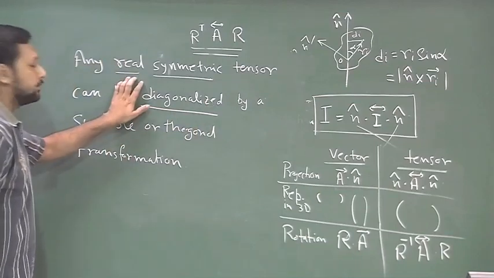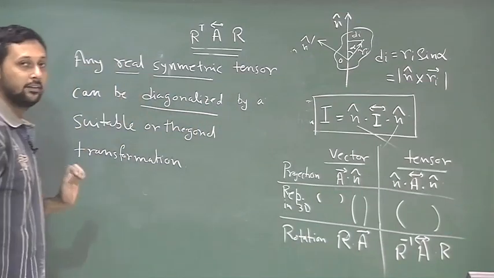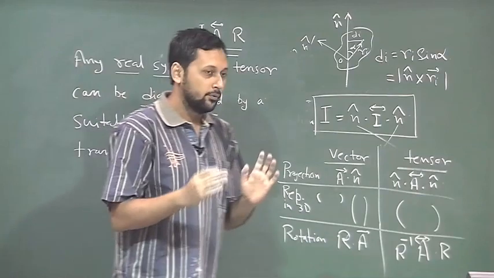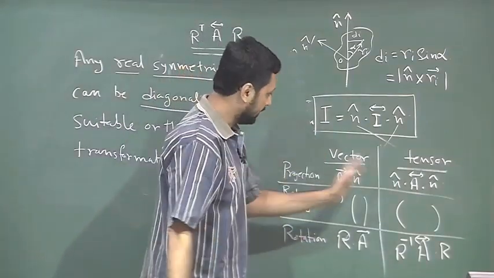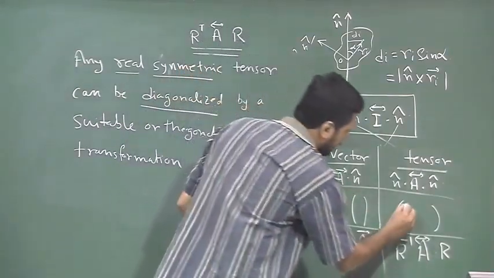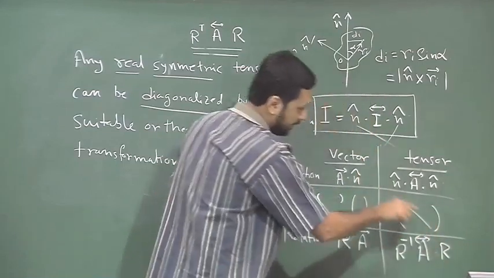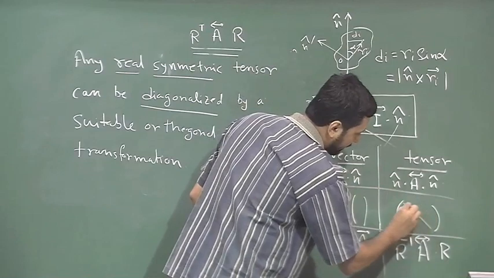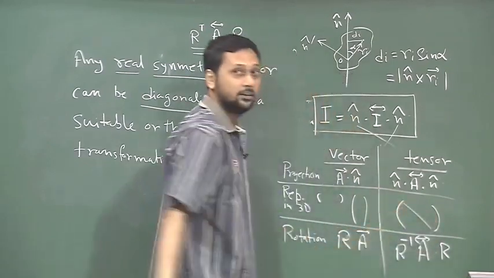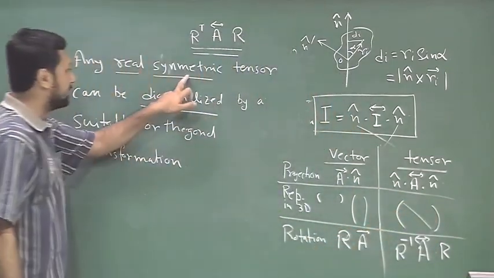Now, let us look at the first word. What is a real symmetric tensor? In the matrix representation, if I draw a diagonal in this matrix and the upper half is exactly identical to the lower half, then it is called a symmetric tensor.